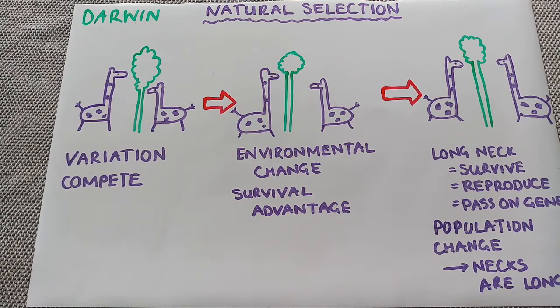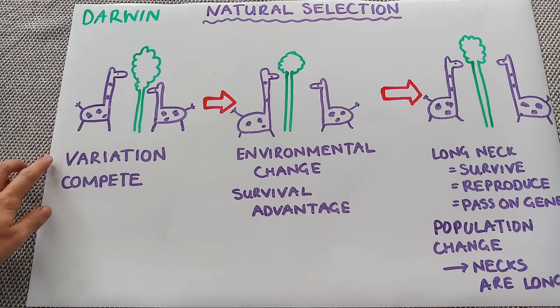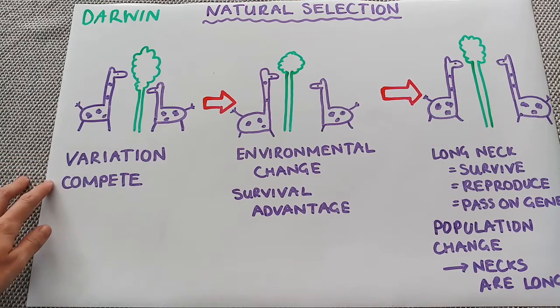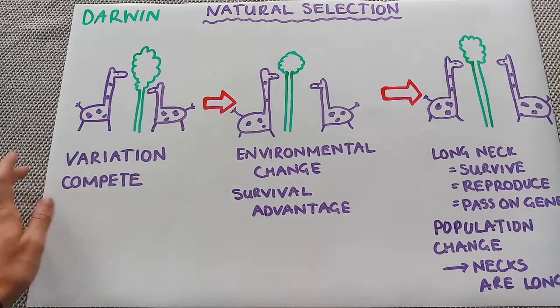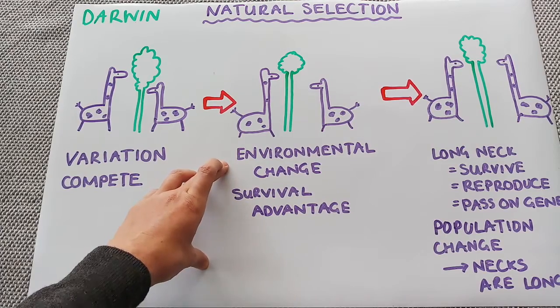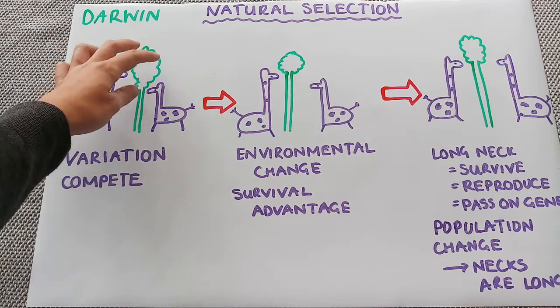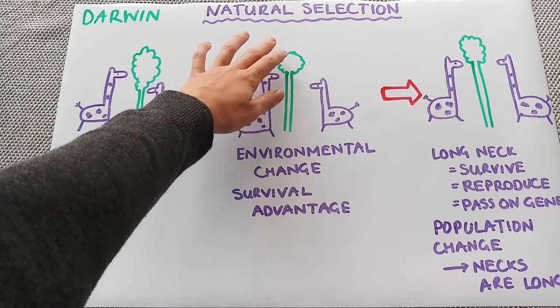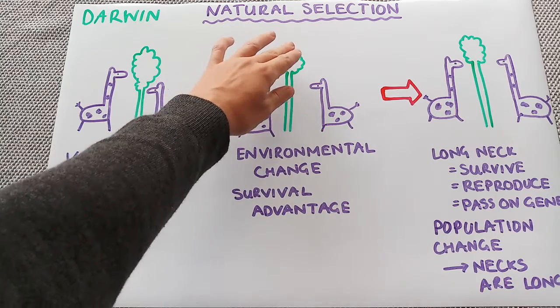So with this, I've just put the key terms here. Remember, at the start of natural selection, there must be variation within a population. These organisms will then compete with each other for a number of different resources. So the example we've used in this is obviously food. There'll be some sort of environmental change, and in this example what happened was the leaves, which were all over the tree, now became just at the top of the tree, and it could be for many different reasons.